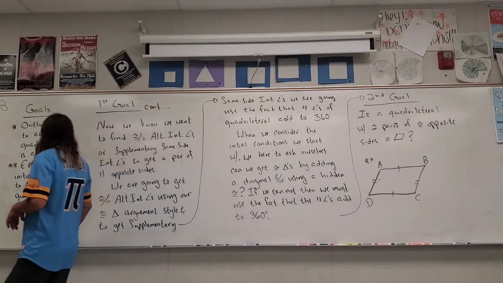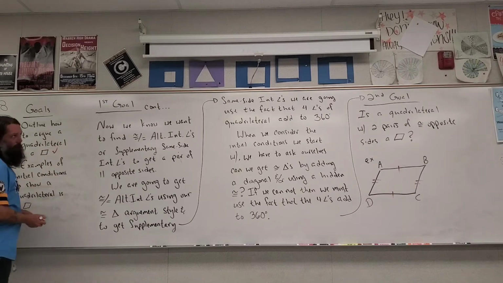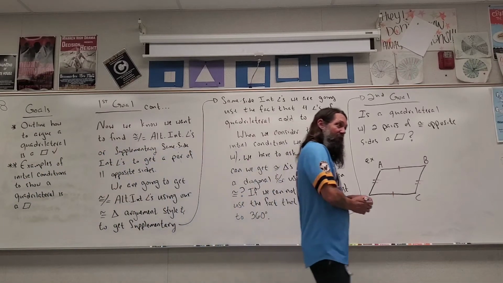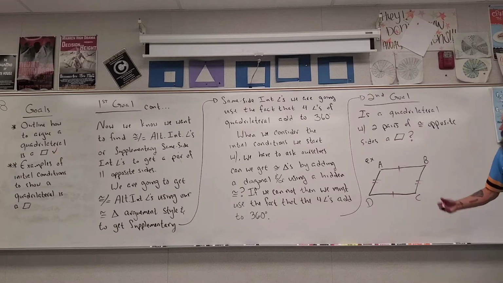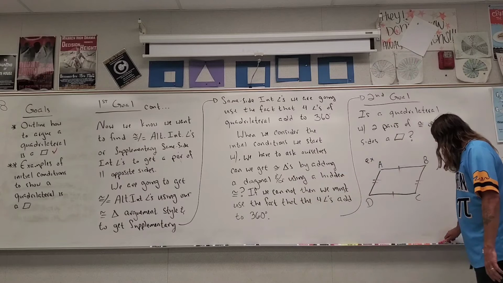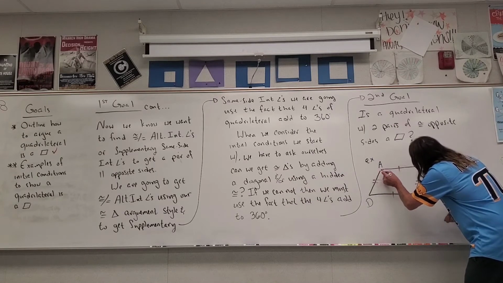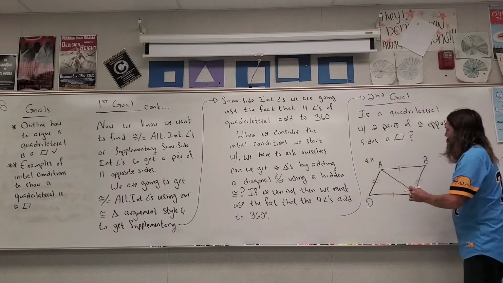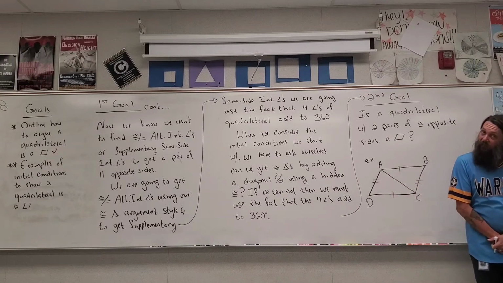This is an outline of how we're going to argue a quadrilateral is a parallelogram, and let's jump into our second goal. All right. So is a quadrilateral with two pairs of congruent opposite sides a parallelogram? Well, I don't have triangles, and that's why we're going to try adding a diagonal. So if I add a diagonal, I'll just say from vertex A to vertex C, do I have congruent triangles?